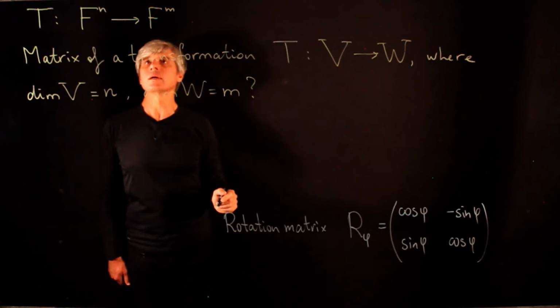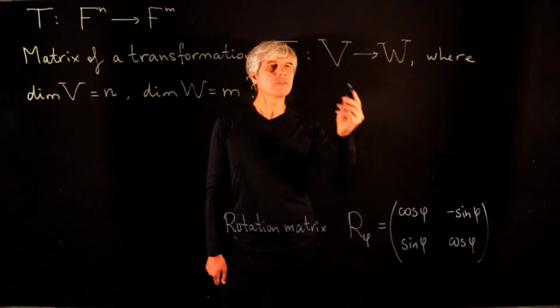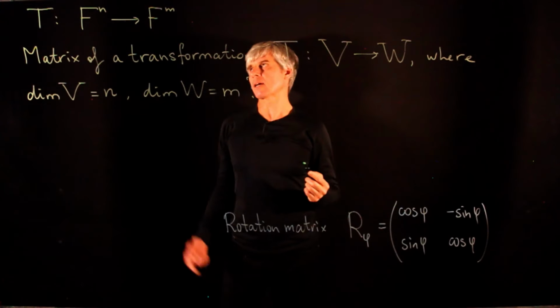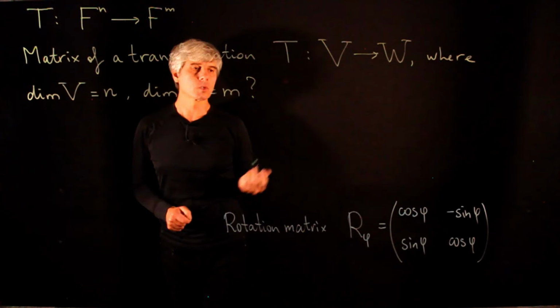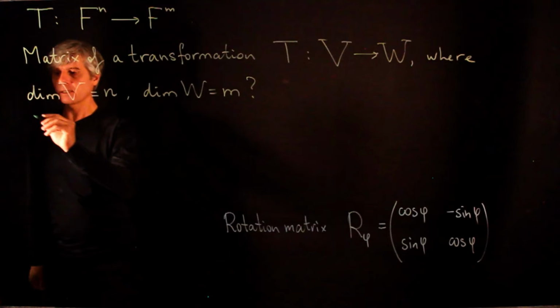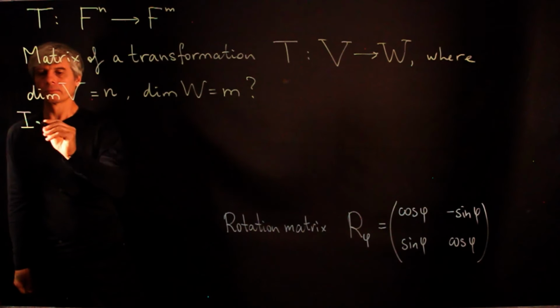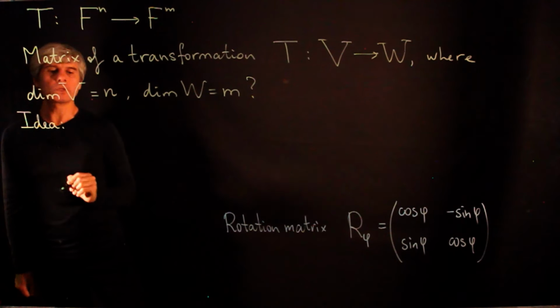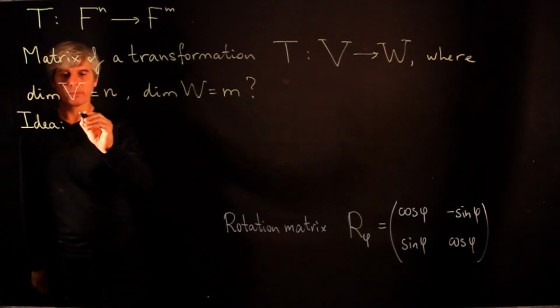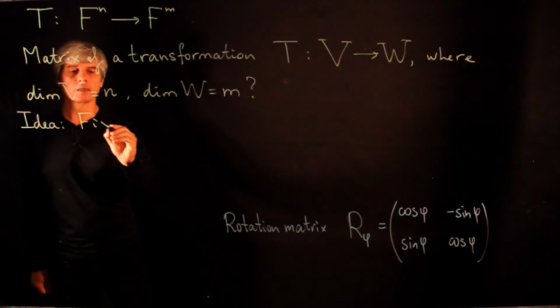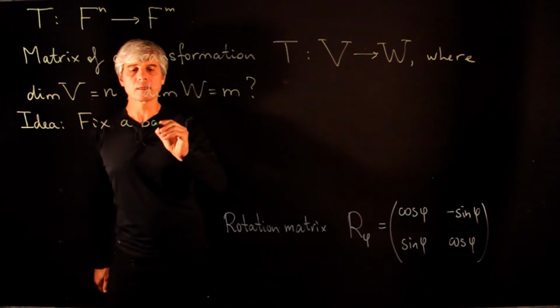What do we do if our vector spaces are not Fn? The idea is that we need to fix bases.